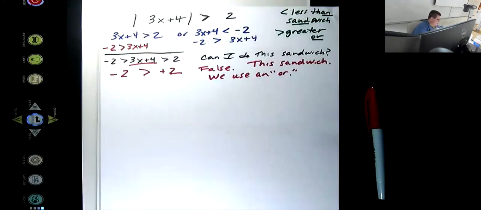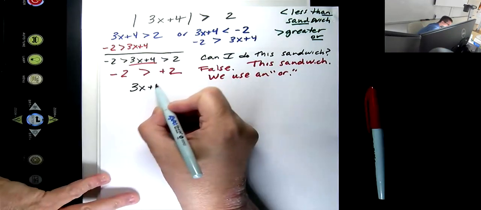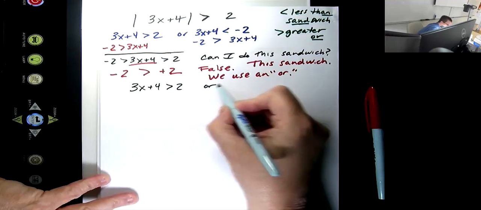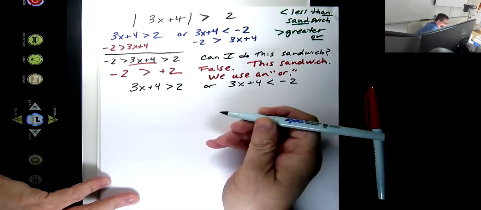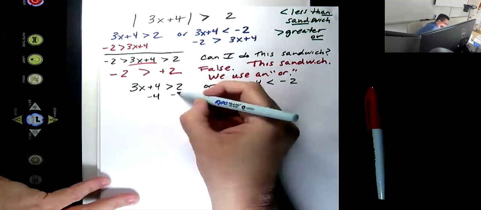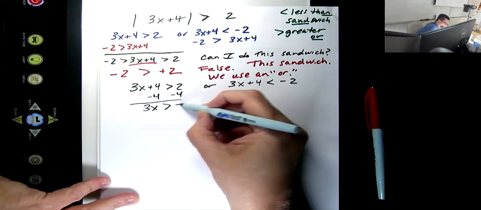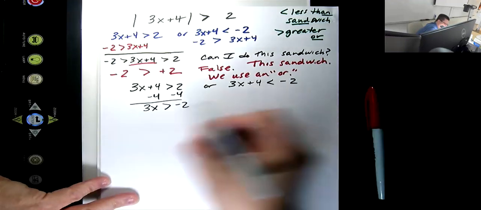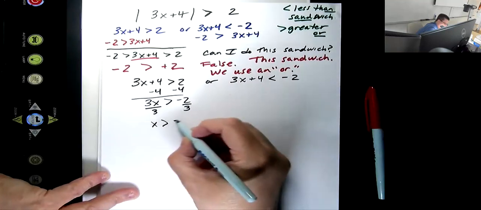So let's go back to what we had here. We had them as two separate equations. Subtract 4 from both sides here. I have 3x is greater than -2. And then divide by 3 and I get x is greater than -2/3.